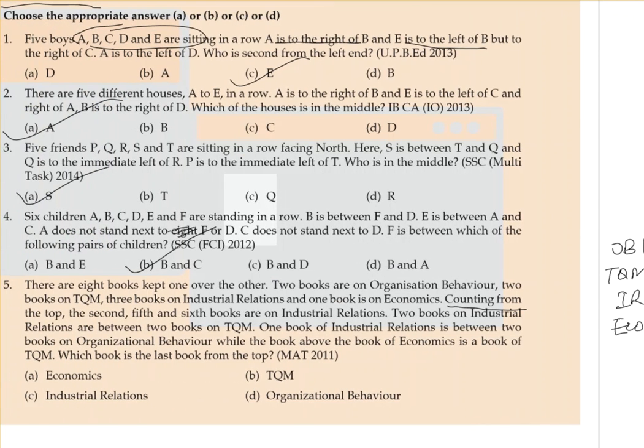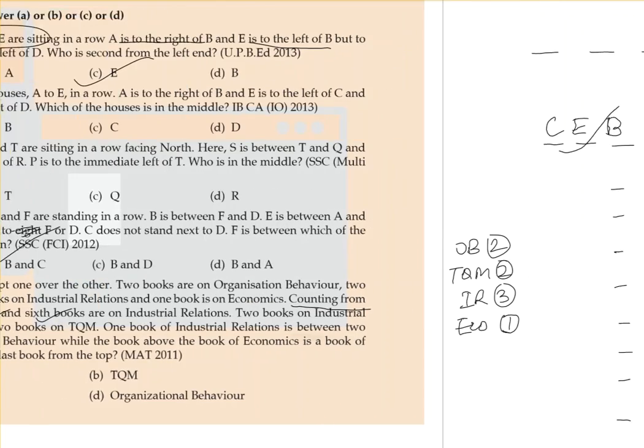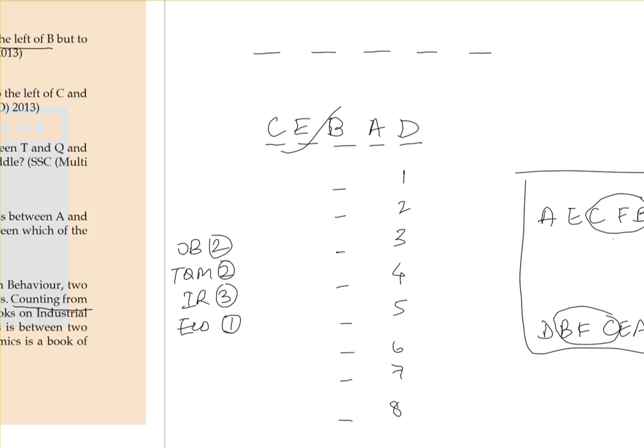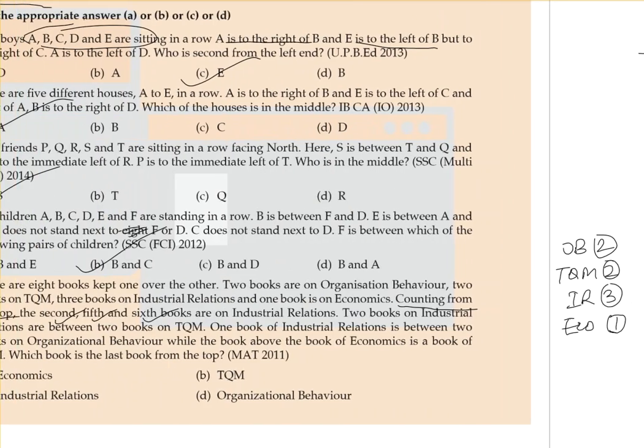Counting from the top, second, fifth, and sixth books are on IR, industrial relations.